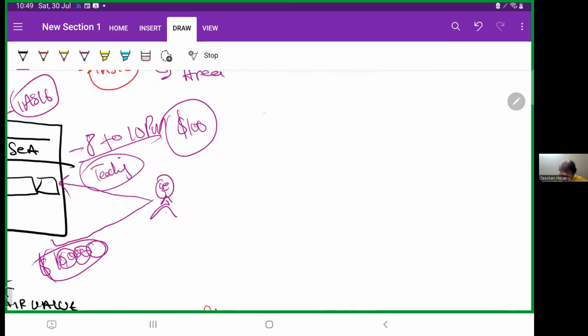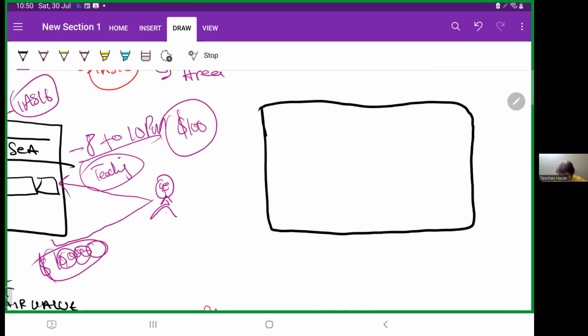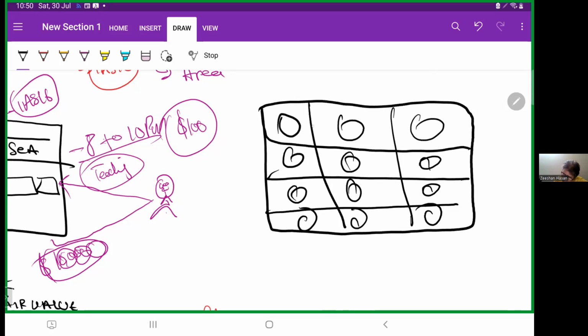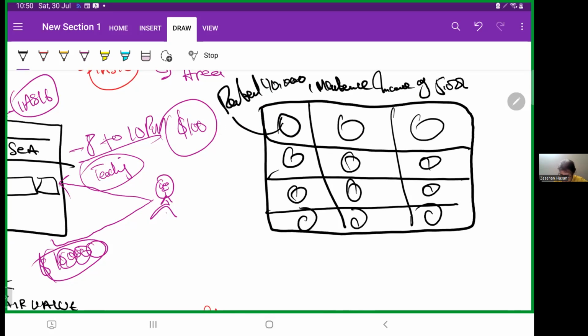Let us take another example here. Suppose these are apartments, and from each apartment, I'm getting rental income of 40,000 and maintenance income of 5,000. Now the question is, which standard to apply?